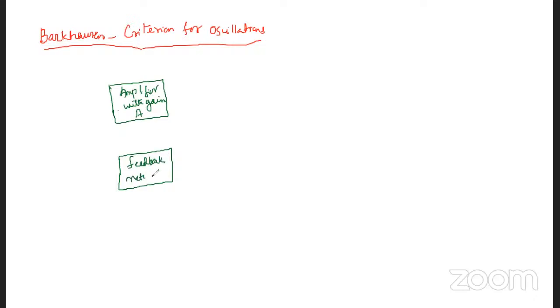Here you can expect the output, and some part of it will be taken as an input for this feedback network. Again, this will be given as the input for the amplifier.